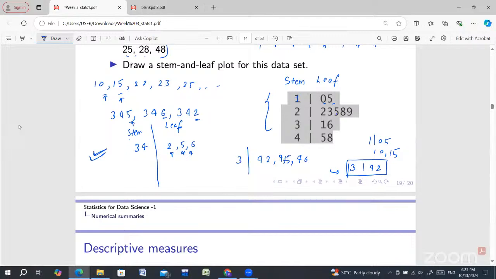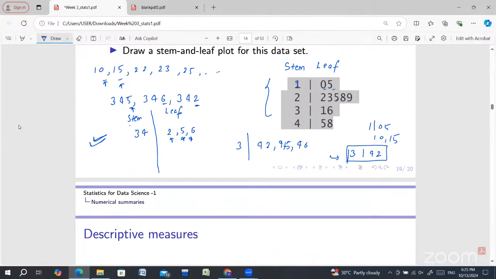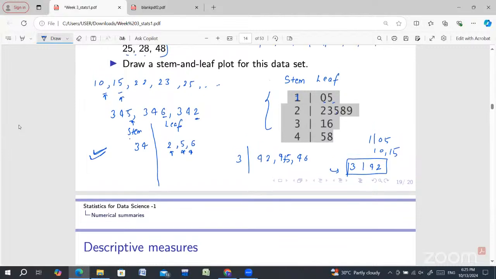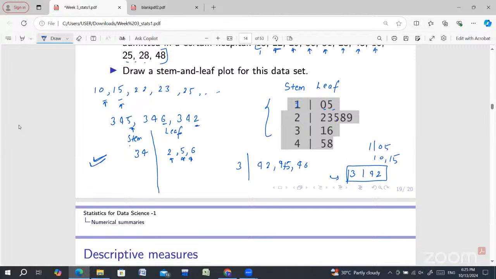Representing numbers in this stem and leaf form is just a representation, right? Yes, it is just a representation. Can we do arithmetic or some operation on these kinds of data sets?